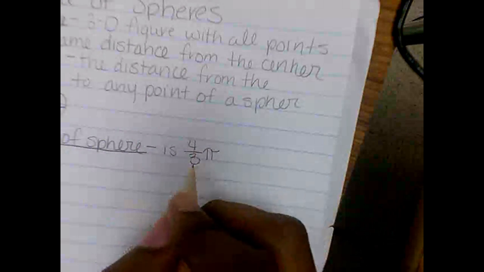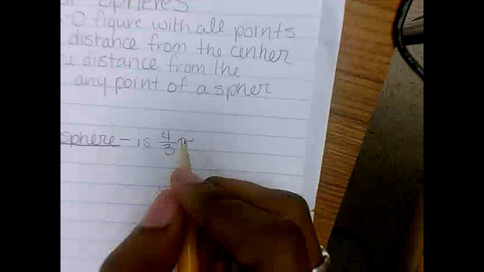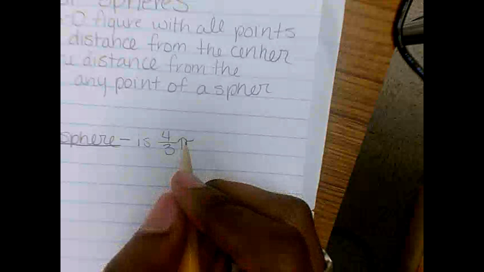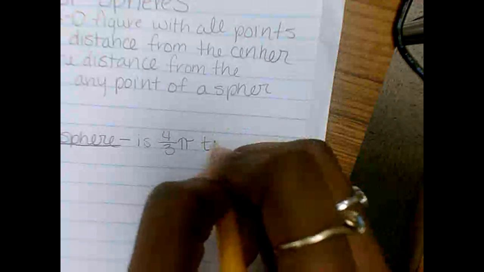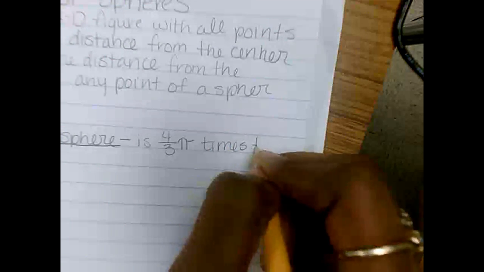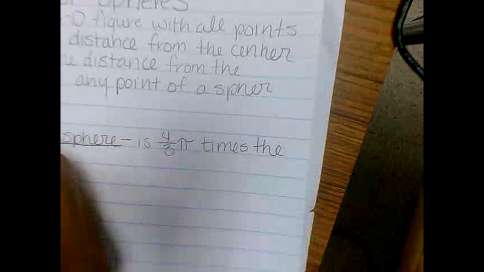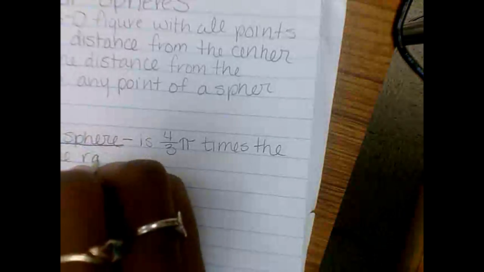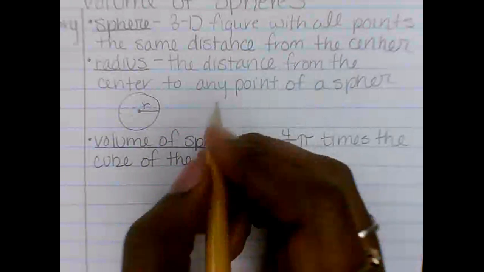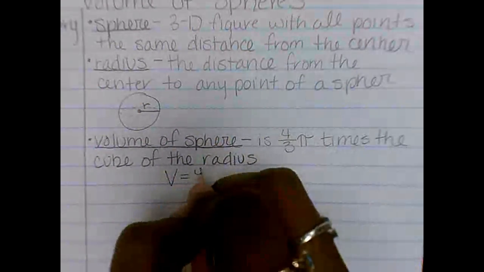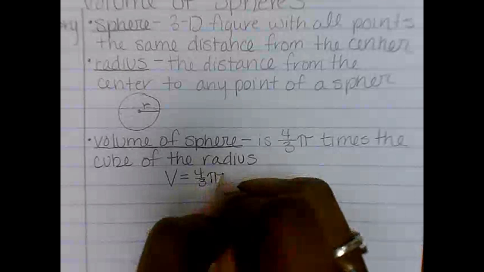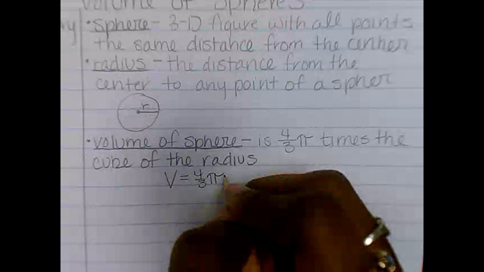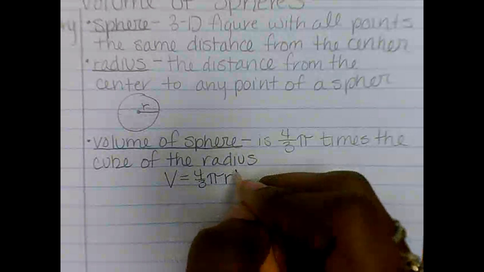The formula is 4/3 pi times the cube of the radius. Okay, and that looks like this. V equals 4/3 pi r cubed.